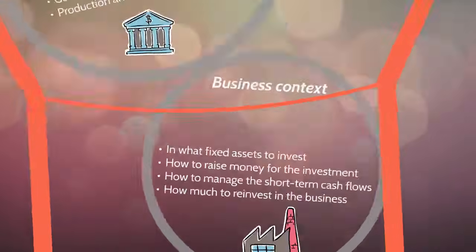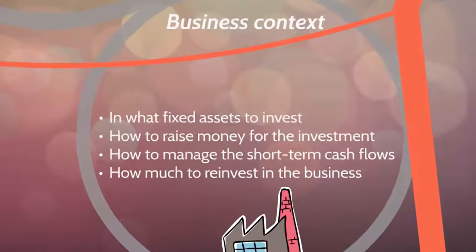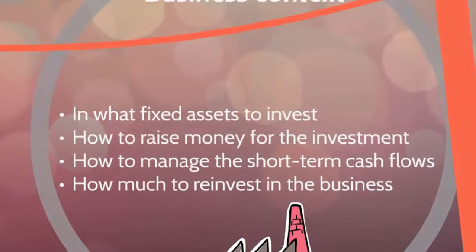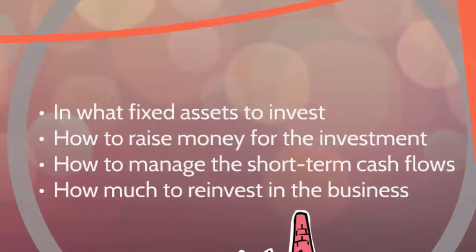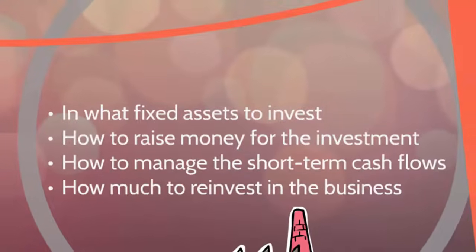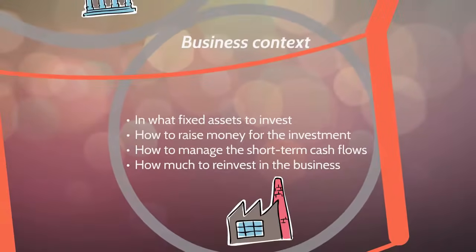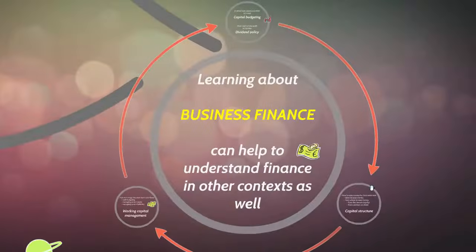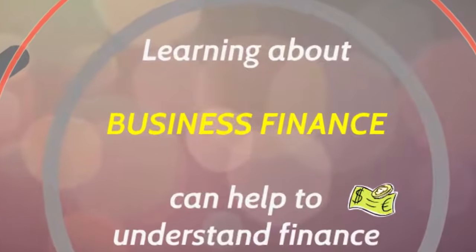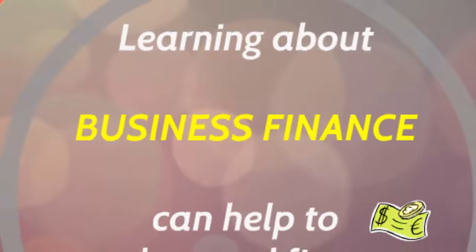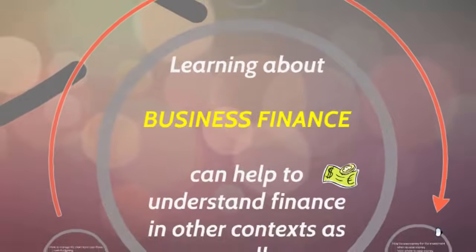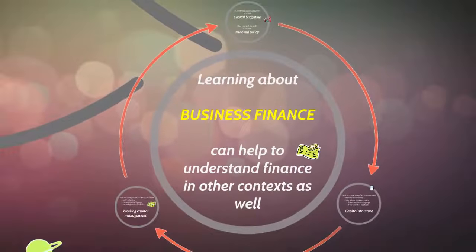And if we think about the business context of finance, then it will be dealing with, for example, in what fixed assets should we invest our money, how to raise money for the investment of the business, how to manage the short-term cash flows, how much to reinvest in the business if you want to expand the business. So these are the different contexts of finance, but now we are going to focus on business finance, and learning about business finance can also help you to understand finance in other contexts.